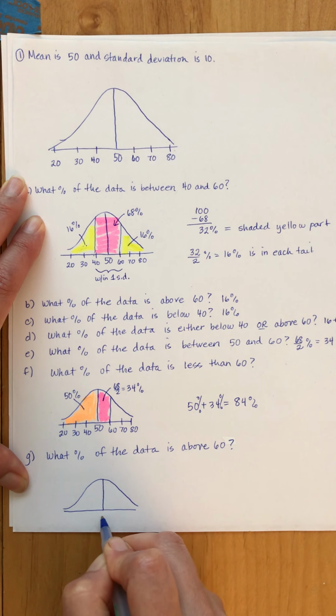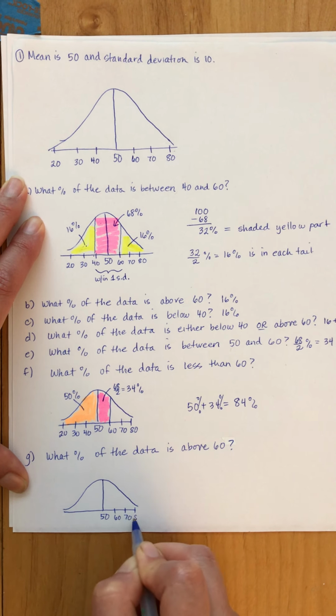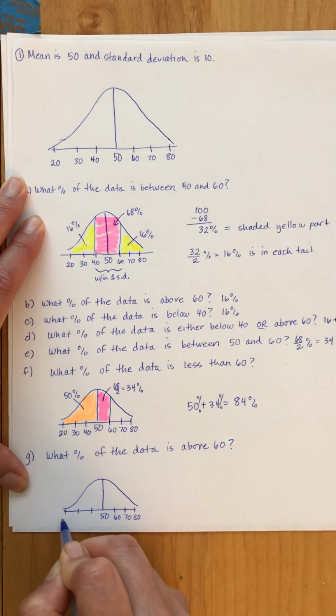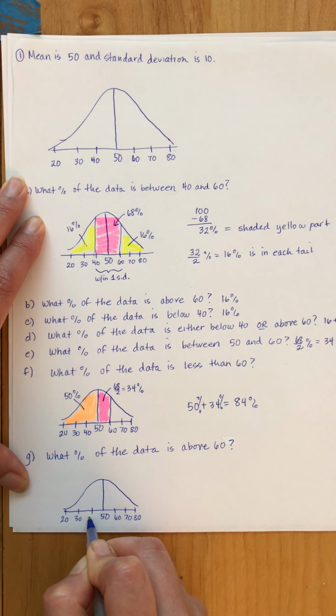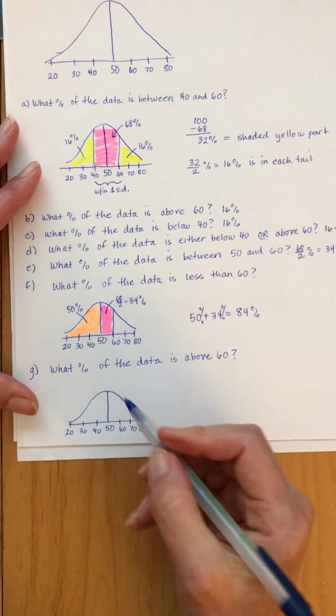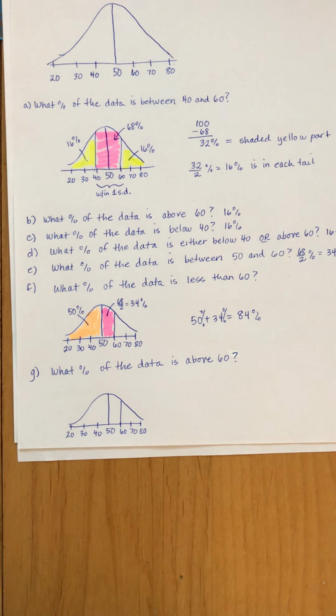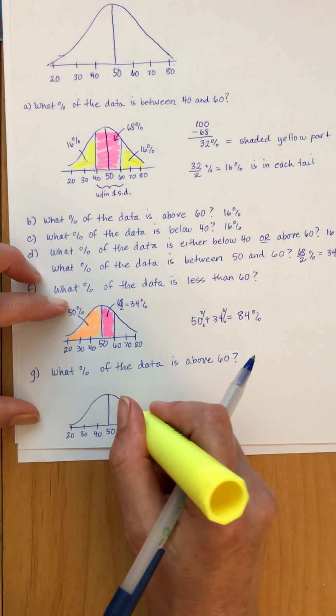Again, 50, 60, 70, 80, and 40, 30, 20. Now what are we shading? We want to know above 60, so I'm going to shade that in yellow.